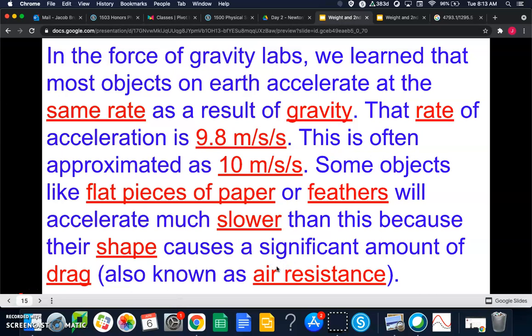So we look at some really light objects that have a lot of surface area, and what happens is as gravity pulls them down, their shape catches the air, and then that air pulls back up, and so that slows their fall, and we call that force drag. That's pulling against gravity when they're falling.